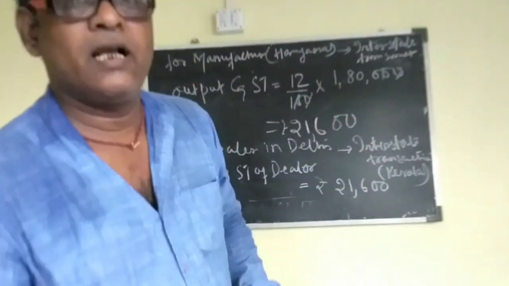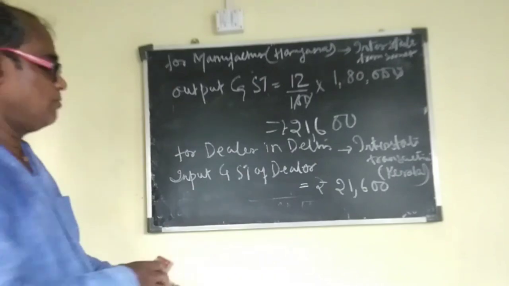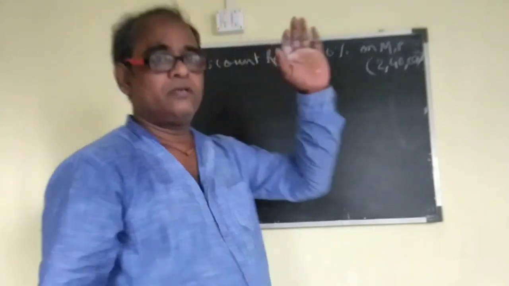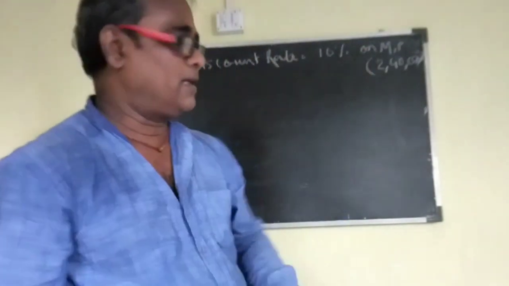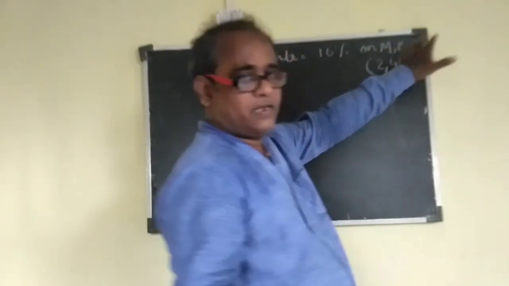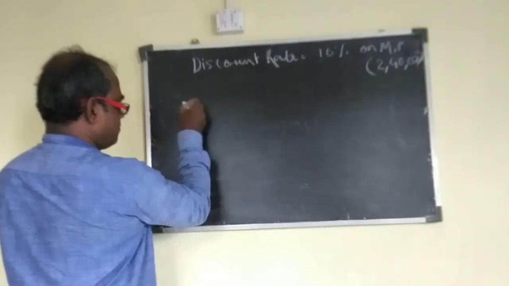Let us first calculate the discount given by the dealer to a consumer. Now the dealer gives discount to a consumer who resides in Kerala. So the discount rate was 10% on marked price. In the given question it was there. So we will find it out. Discount in rupees.